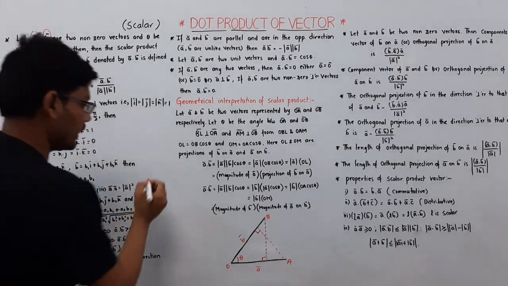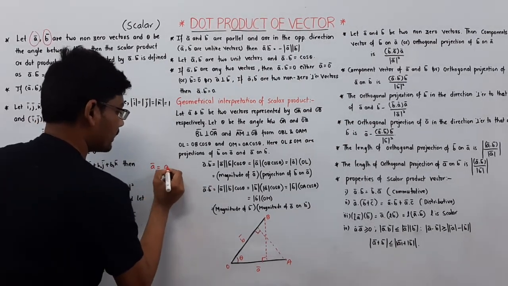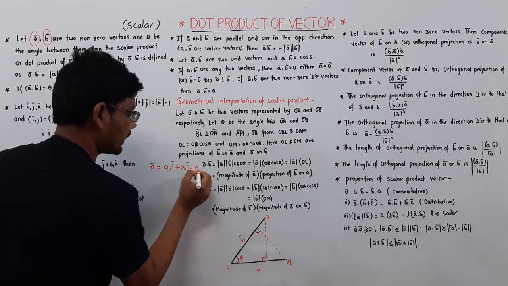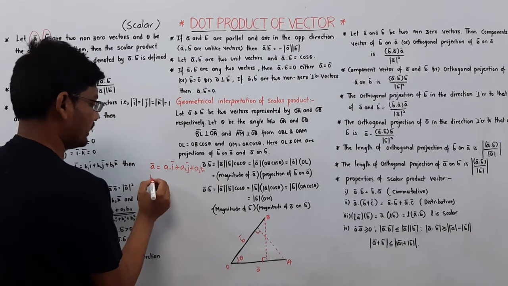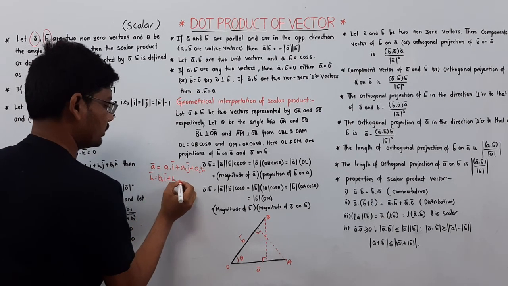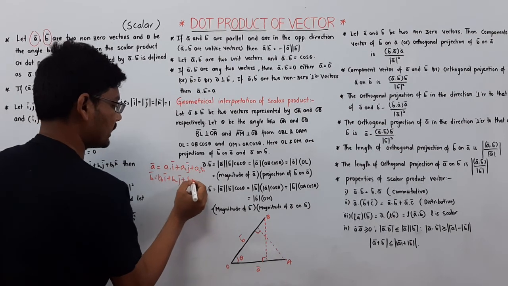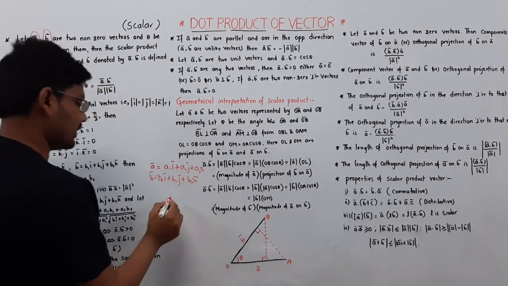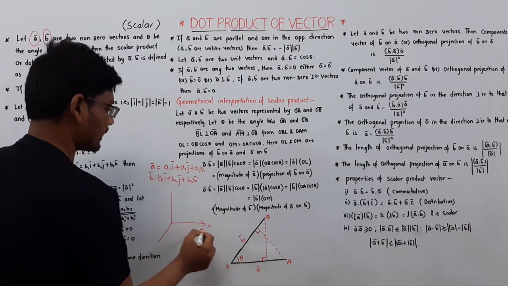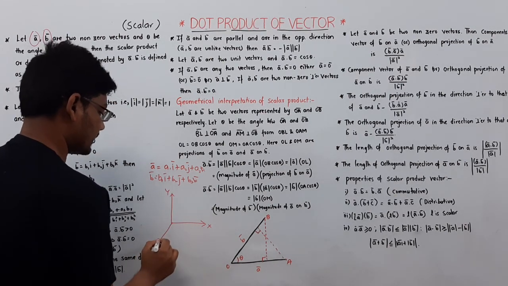First of all, the representation of a bar is a1 i bar plus a2 j bar plus a3 k bar, and b bar is b1 i bar plus b2 j bar plus b3 k bar. Here is the representation of these two vectors in a 3D coordinate system, with the x axis, y axis and z axis.